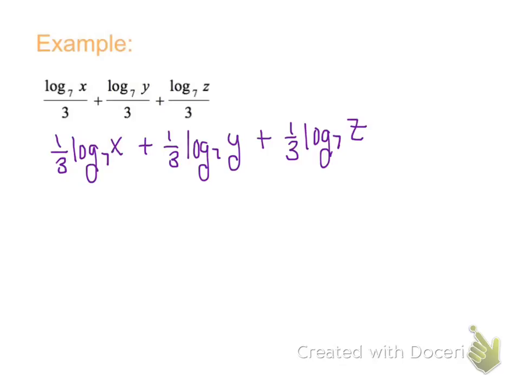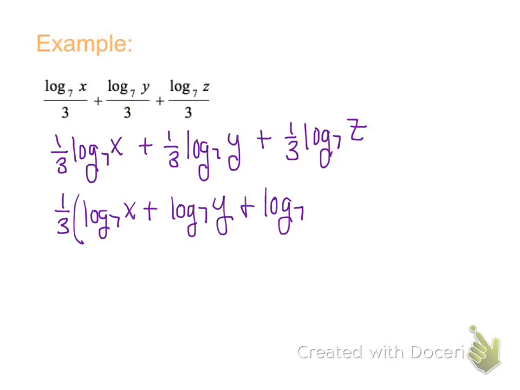Then thinking back all the way to your algebra skills, because these are all being multiplied by 1/3, I can pull that multiple out and have it be written as 1/3 times the log base 7 of x plus log base 7 of y plus log base 7 of z. So all I did was factor there.